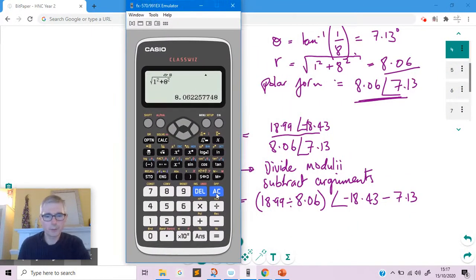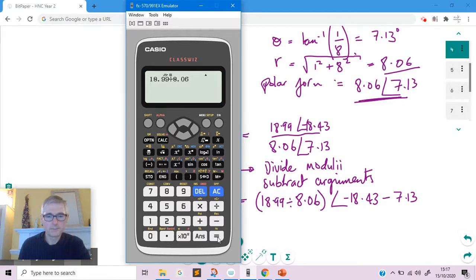So what we end up with then, if we do the division first of all, so we've got 18.99 divided by 8.06.